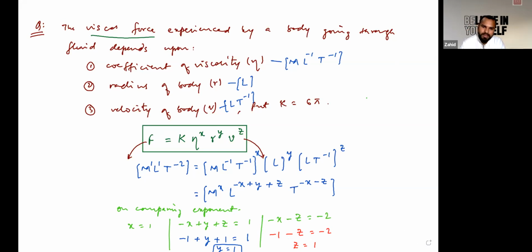Okay. Now put these values of x, y, and z in this first expression and k to be 6 pi. So it will be F is equal to 6 pi eta raised to 1, r raised to 1, and velocity raised to 1. So it will be force is equal to 6 pi eta r v as viscous force experienced by any object.